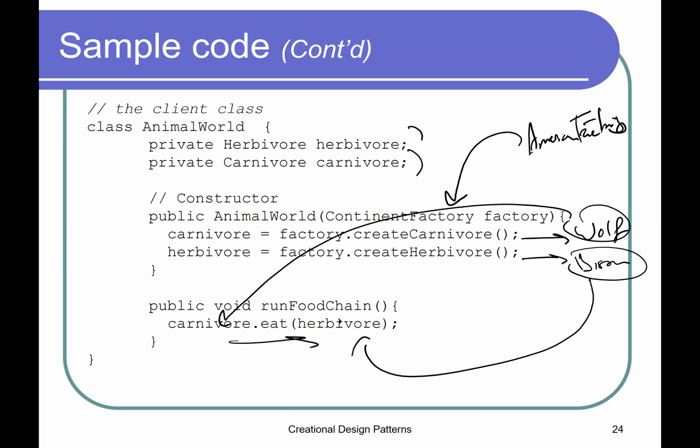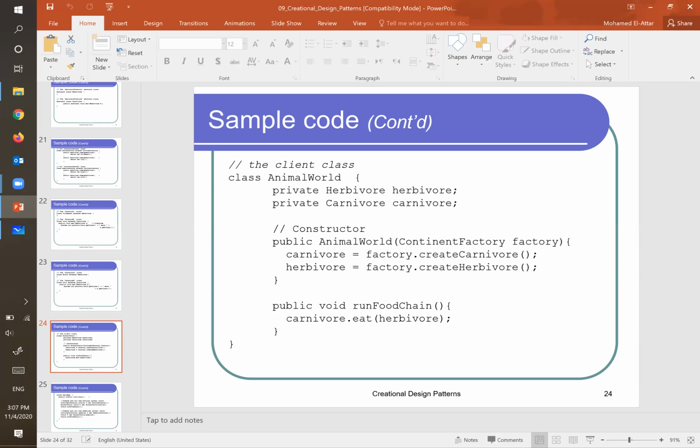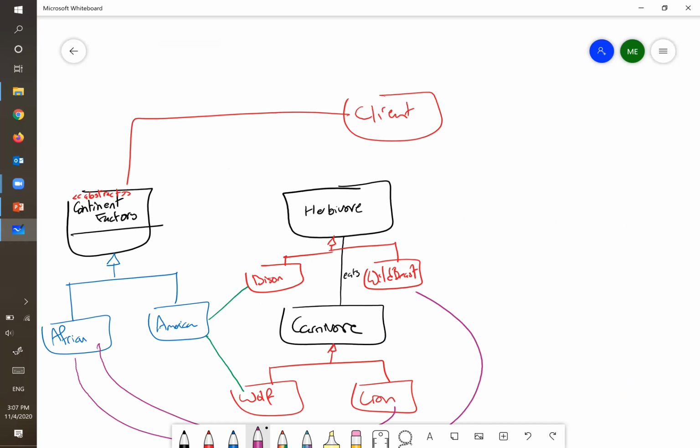So the only thing now that is left in the diagram is what the client is actually getting. It gets an object of this, and it gets an object of that. But on top of that, it's getting an animal world object.